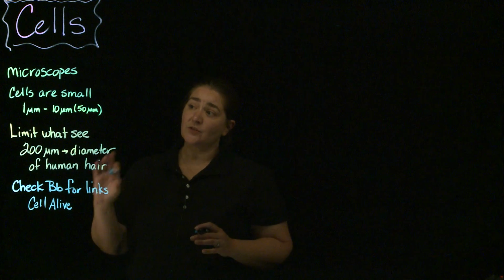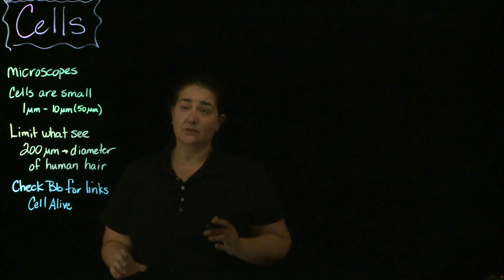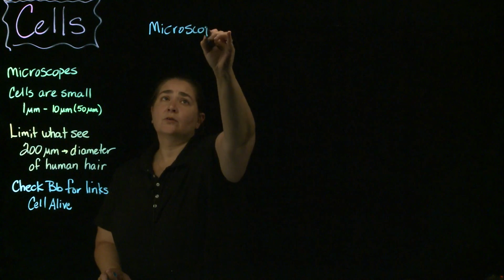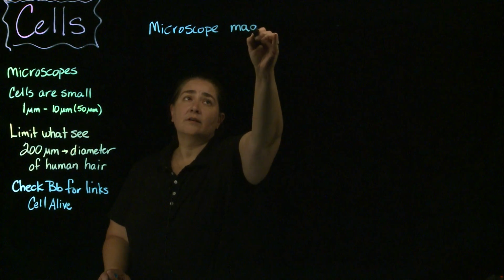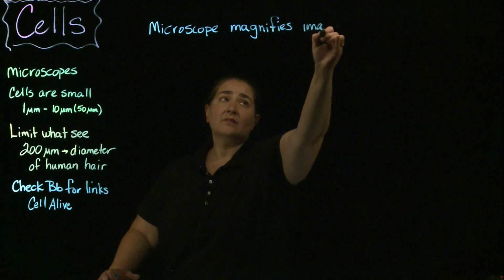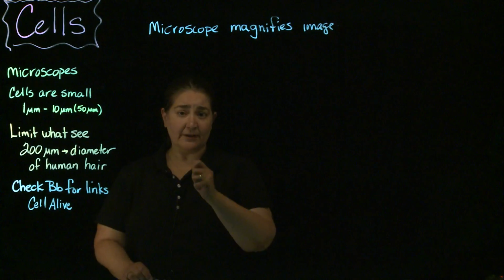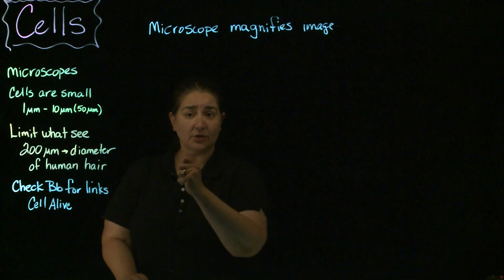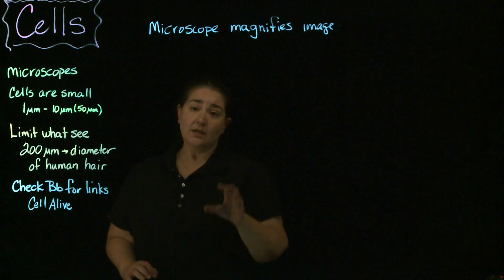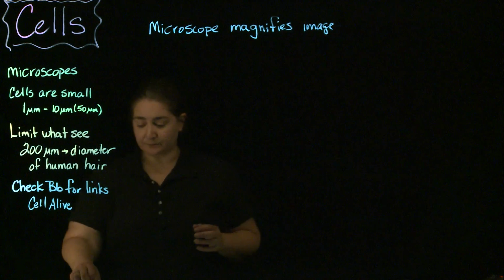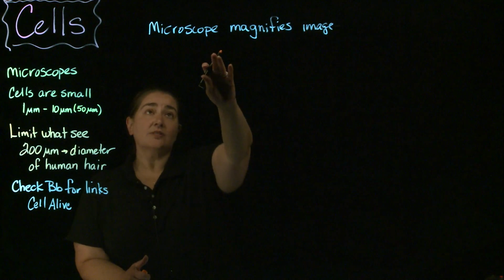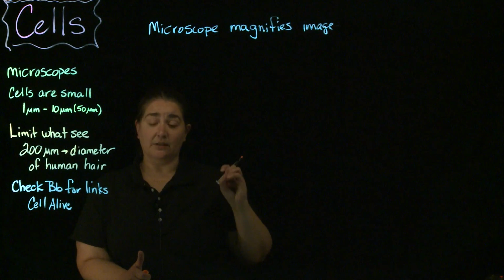So in order to be able to visualize cells, we need microscopes, okay? The microscope magnifies the image. So if you think about a magnifying glass, all right, that makes things look bigger if you look through it. That's essentially what the microscopes do. And with the microscope magnification, you're seeing something larger than it is in real life.